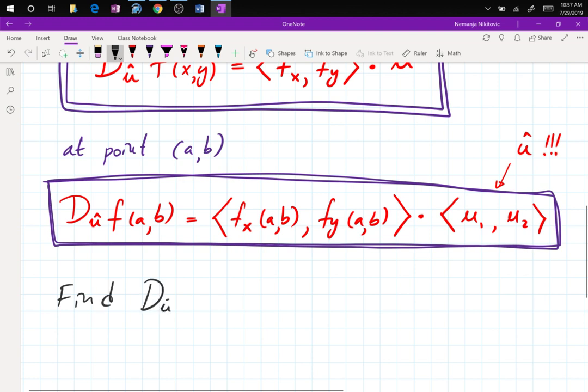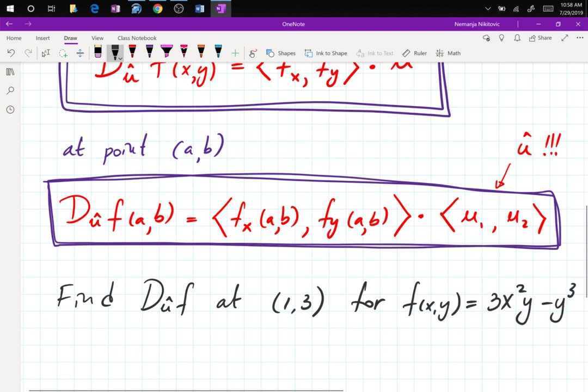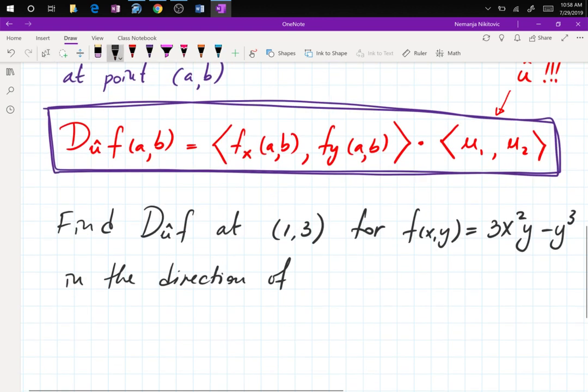Find the directional derivative at point 1, 3 for the function, in the direction of, and let's say you have a vector 1, 1.